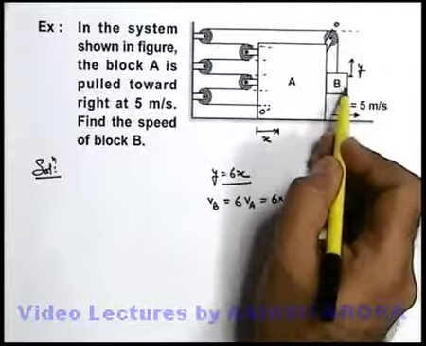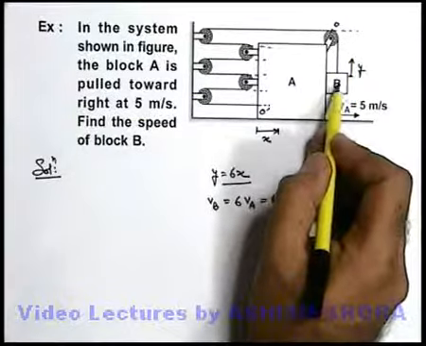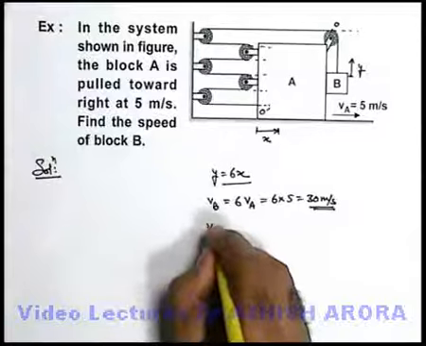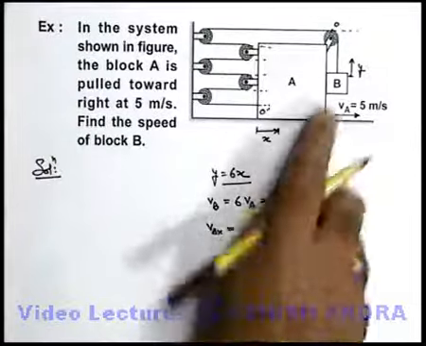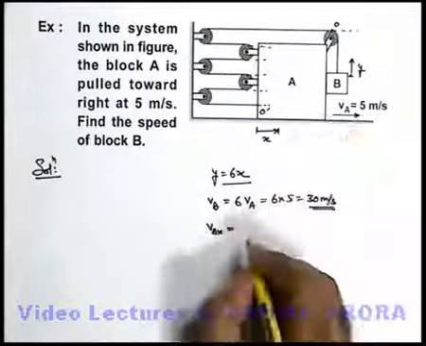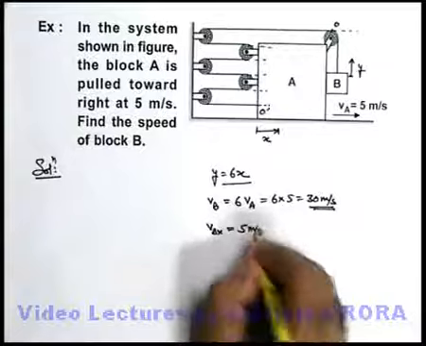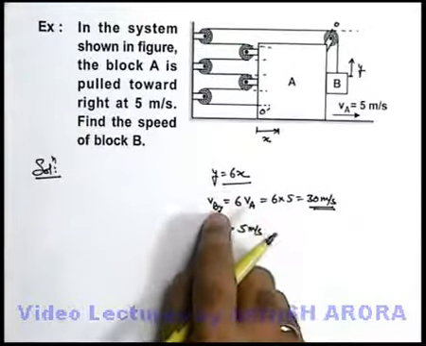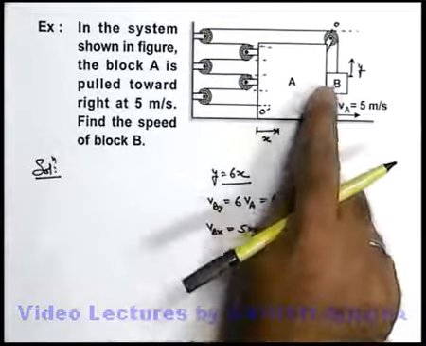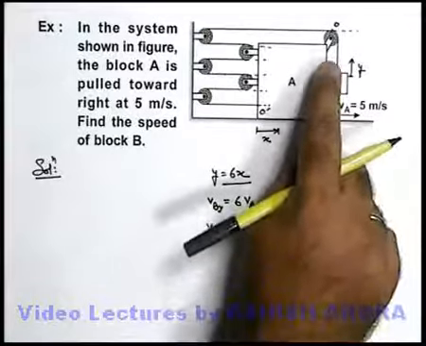So if we wish to find out the net velocity of block B, here we can say velocity of block B in x direction is exactly the same as that of VA, that is 5 meters per second. And this VB can be written as VBY because this is the velocity with which block B is going in upward direction.